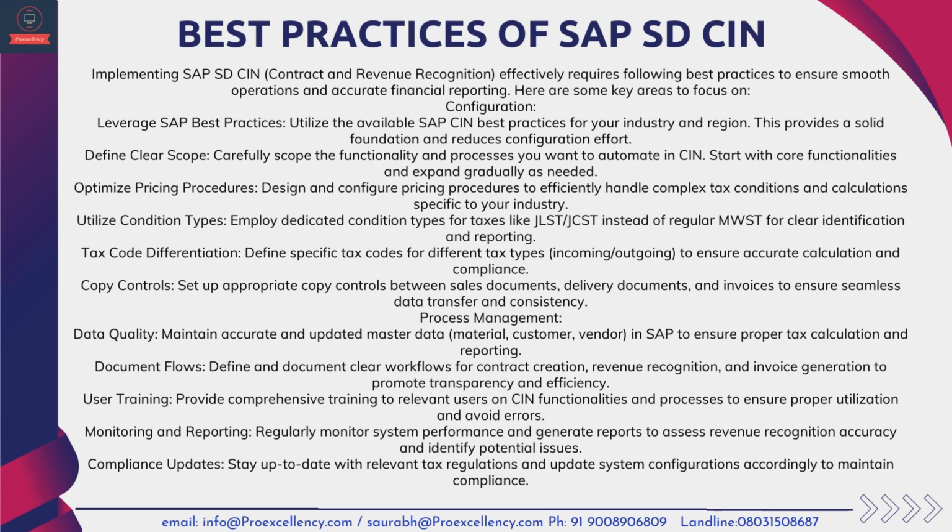Define specific tax codes for different tax types, incoming, outgoing, to ensure accurate calculation and compliance. Copy controls. Set up appropriate copy controls between sales documents, delivery documents, and invoices to ensure seamless data transfer and consistency.